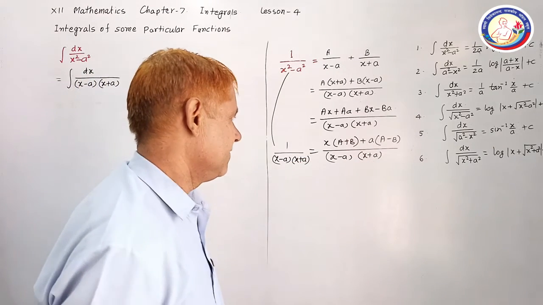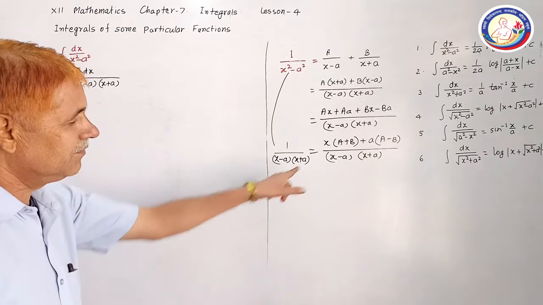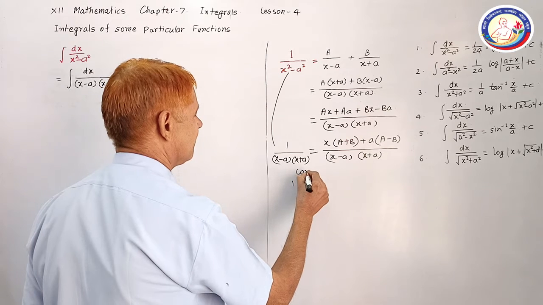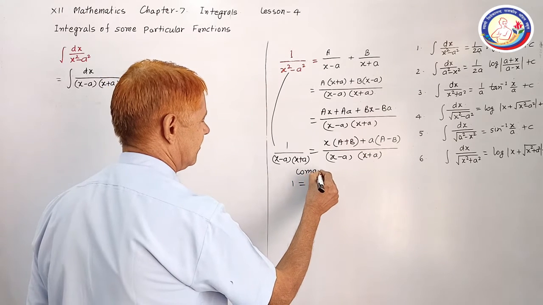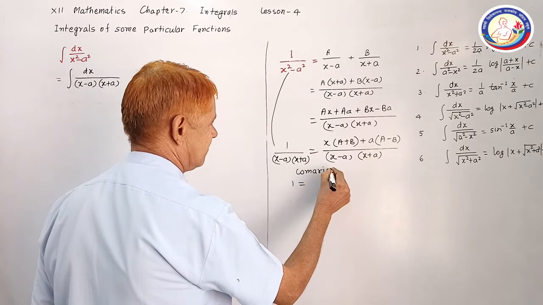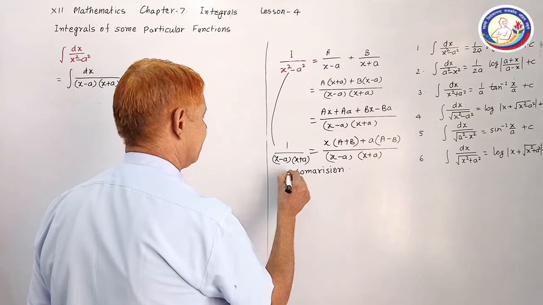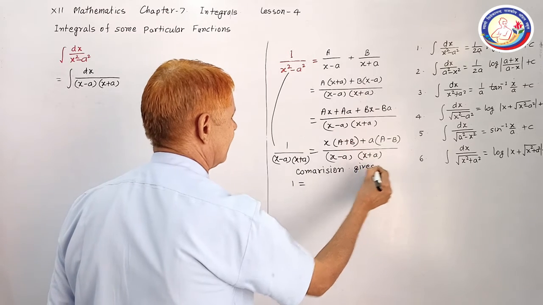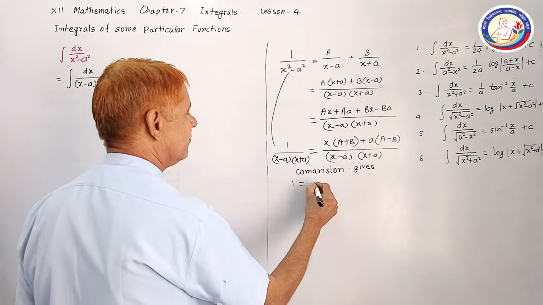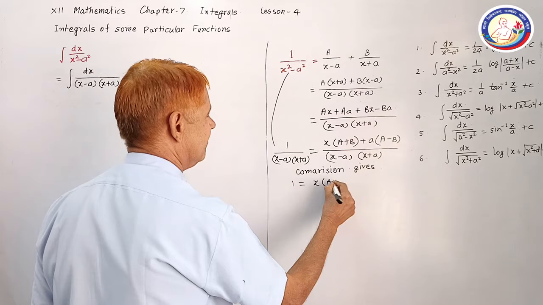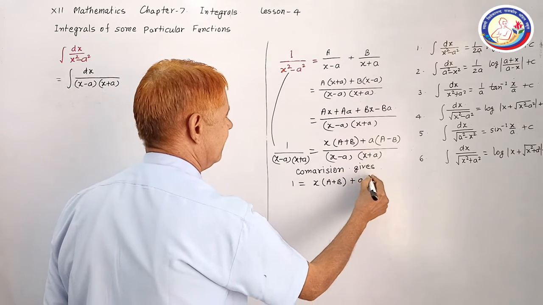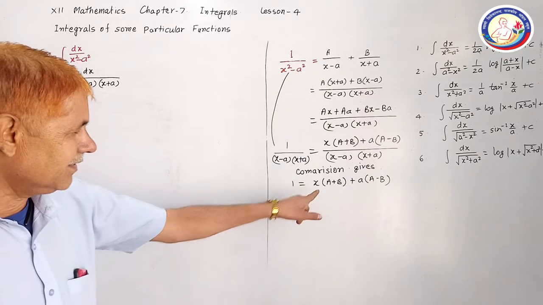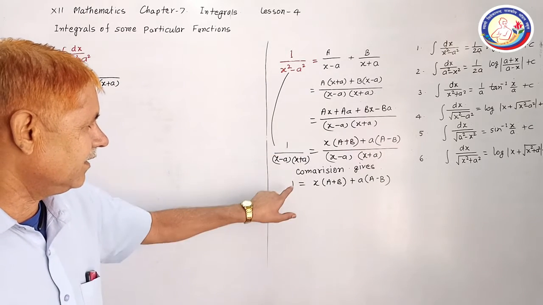Denominators are equal, so numerators must also be equal. On comparison, 1 equals x into A plus B plus a into A minus B. Is there x present in the numerator?